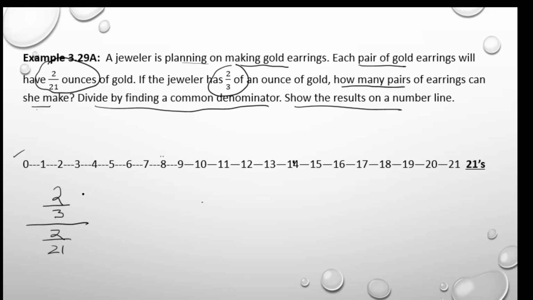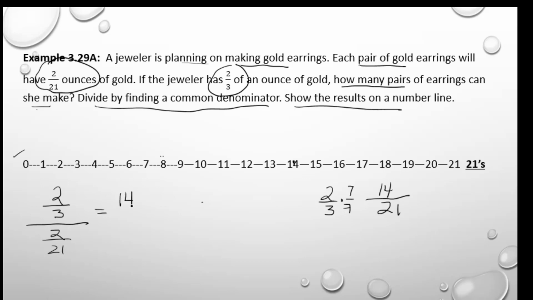And we're going to do it by finding a common denominator. So we need to take thirds and turn those into 21s. We do that by multiplying by the form of 1, 7/7, and I get 14/21s. So now I'm going to write this out the long way.